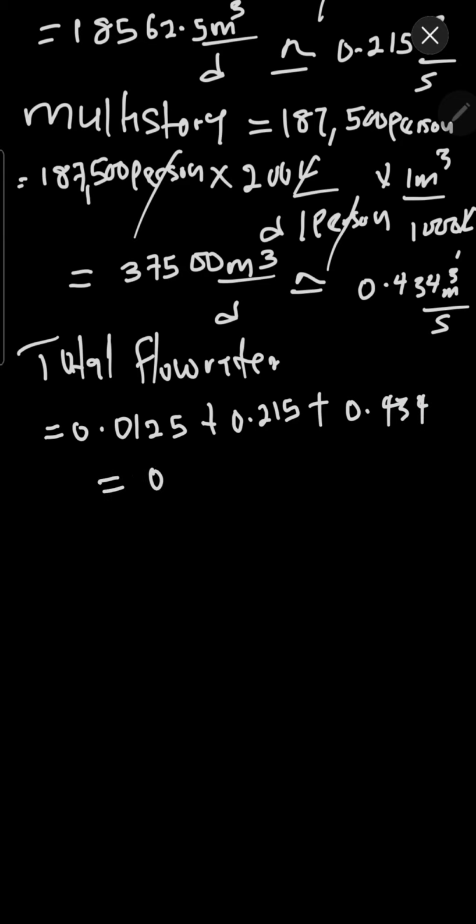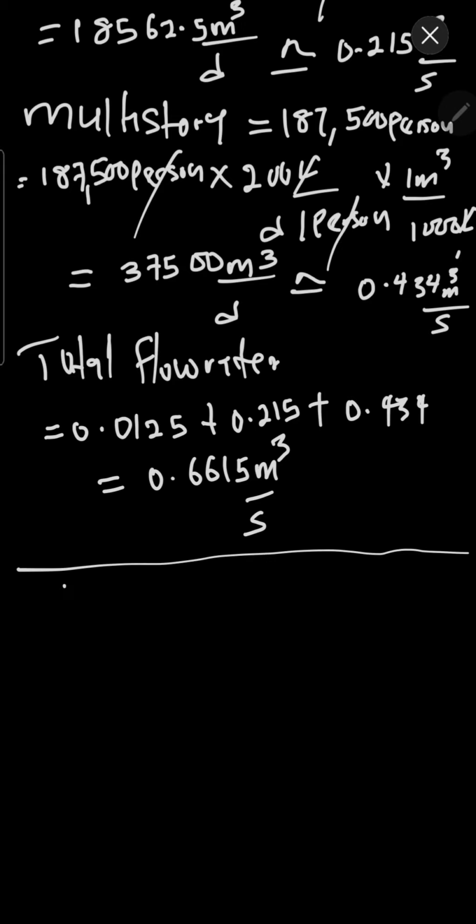That is going to give us 0.6615 cubic meters per second. So this is the flow rate for residential. Then we move to commercial.